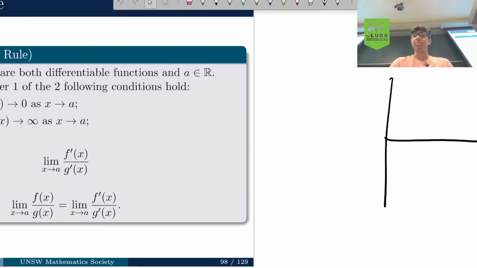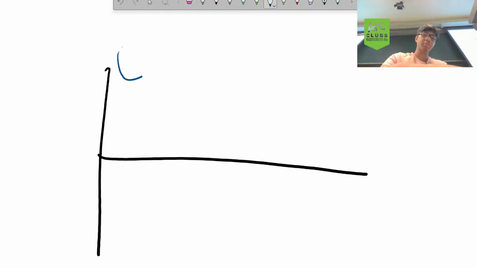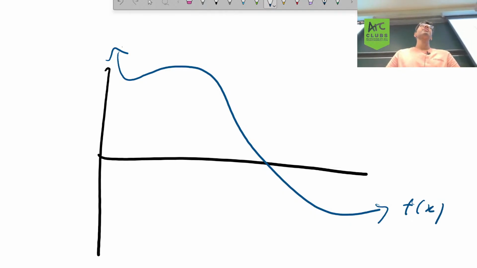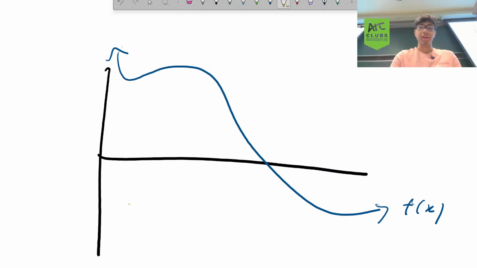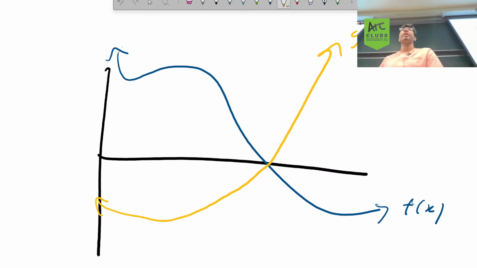So let's look at a little case here. Let's say I've got some function and it's going to go like that. I'm going to call this f of x. And let's consider some other function. Maybe it's going something like this. And it's going to be my g of x.